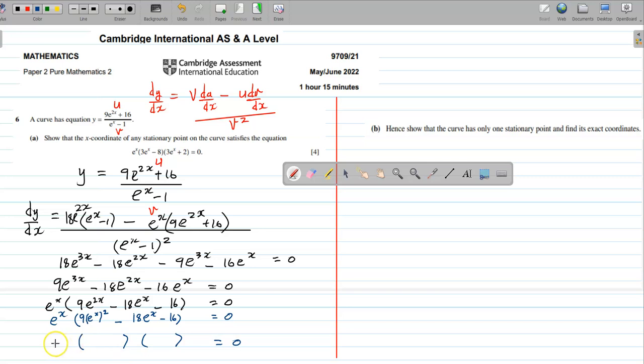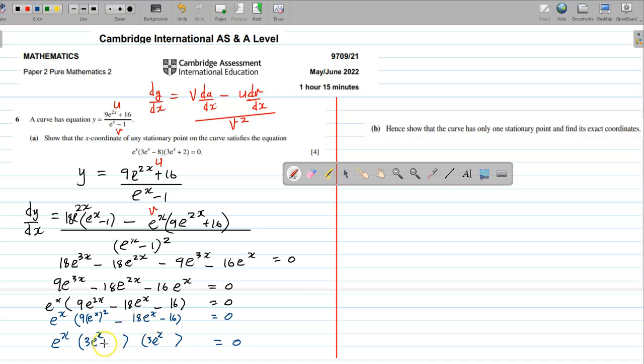So we would have our e to the x outside the bracket there, 3 e to the x, and then we want to get minus 16 as the factor there, and the sum should be minus 18.